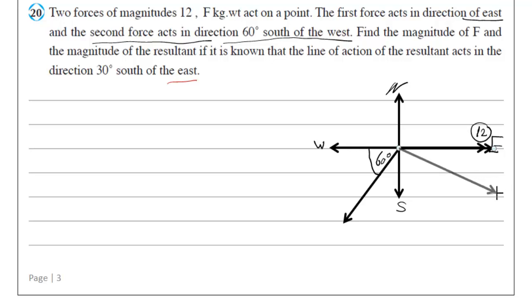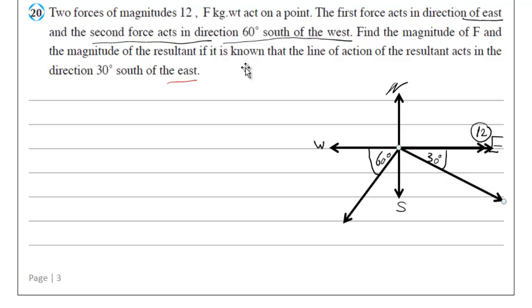So this angle equals 30 degrees, and we write 30. Now here we have the three forces, 1, 2, and this is the resultant.